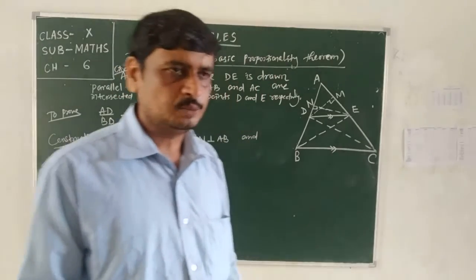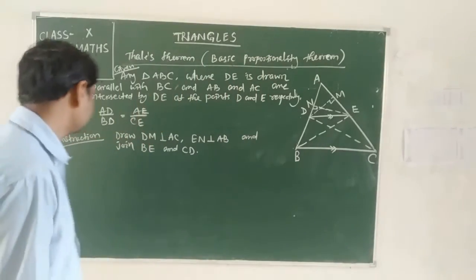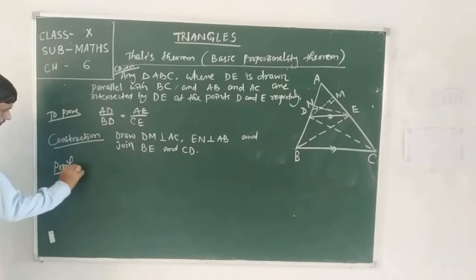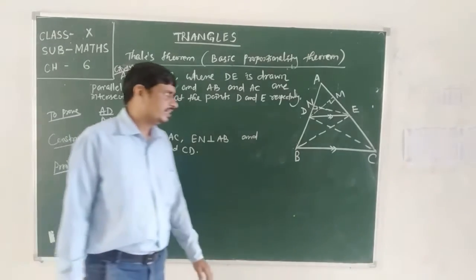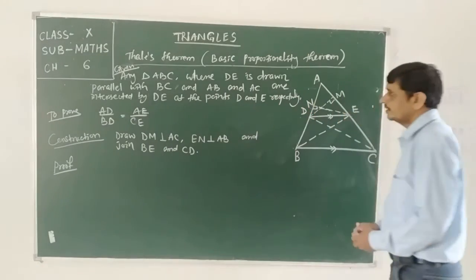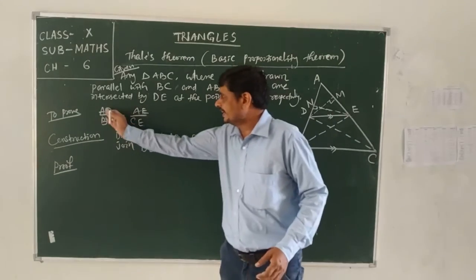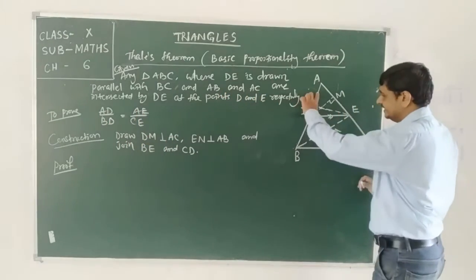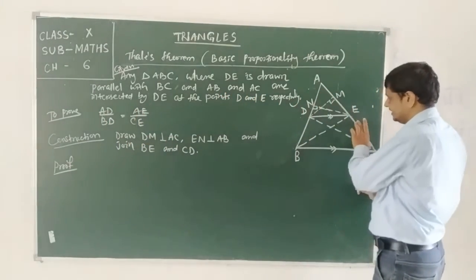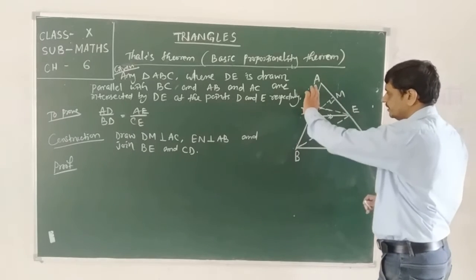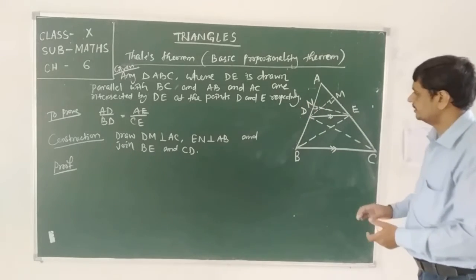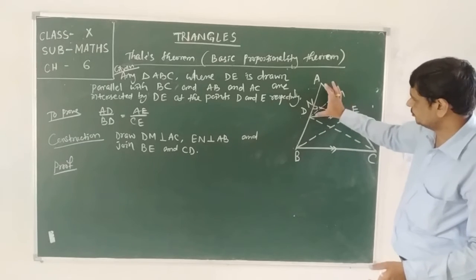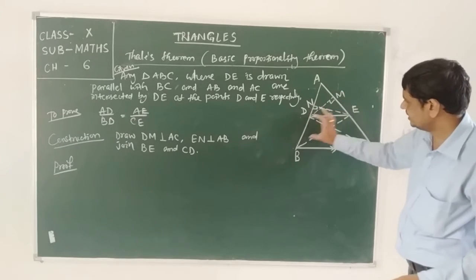Now we have to prove the statement. Here we have to get AD by BD and AE by CE. This AD and BD will be obtained from the triangles ADE and BDE. So we take the triangles ADE and BDE.